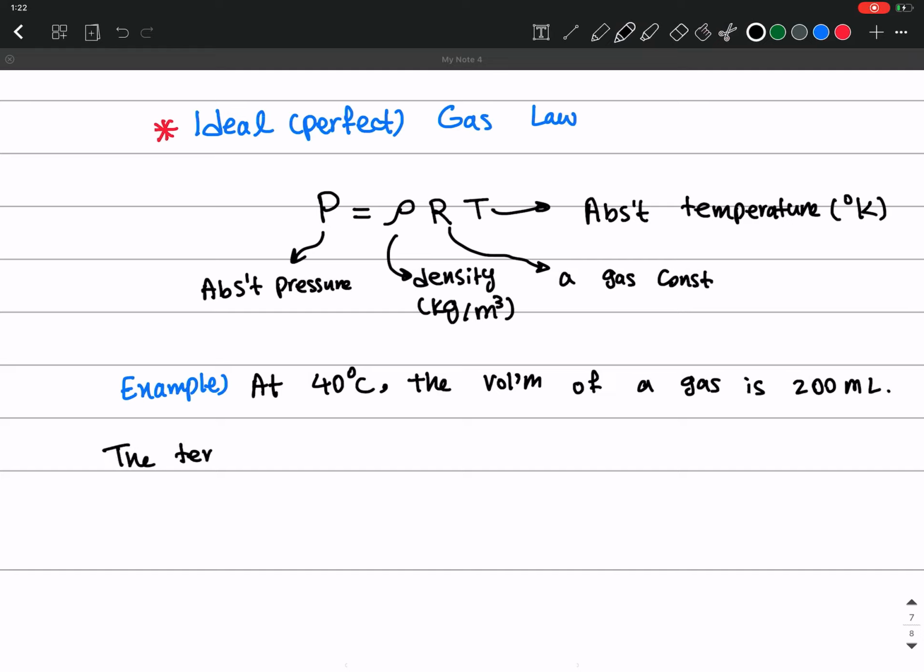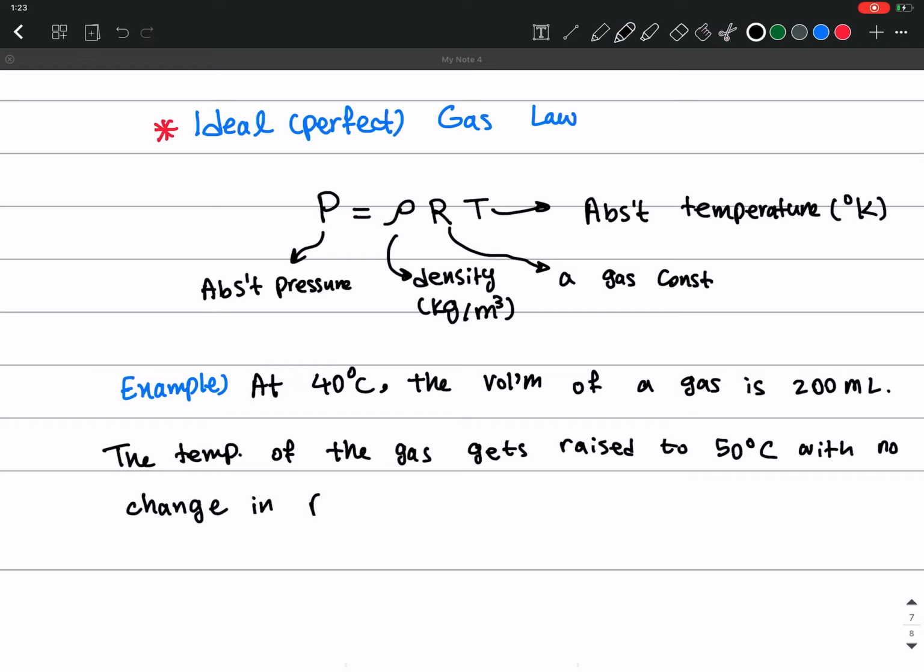The temperature of the gas gets raised to 50 centigrade with no change in pressure.